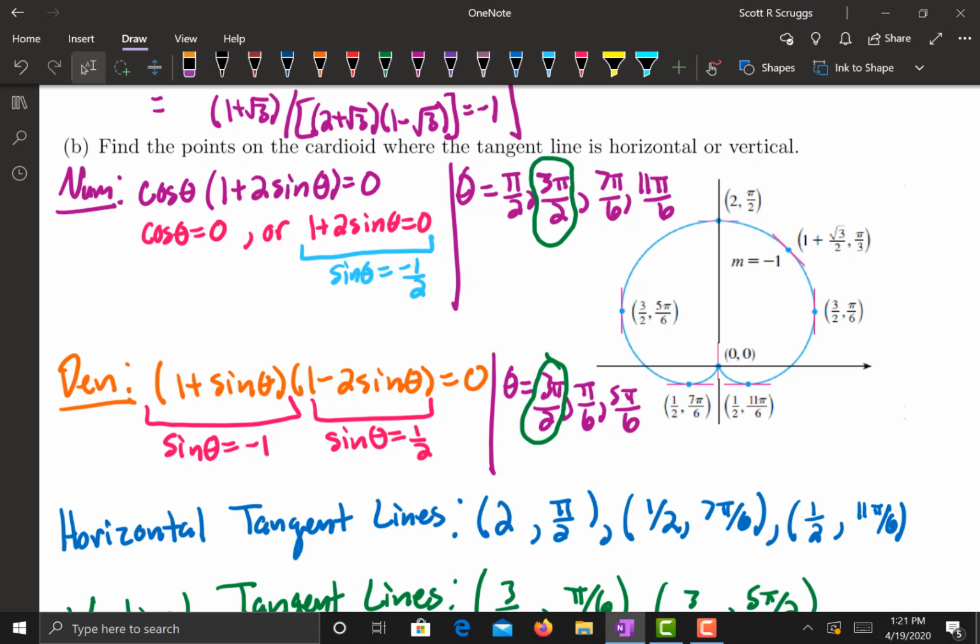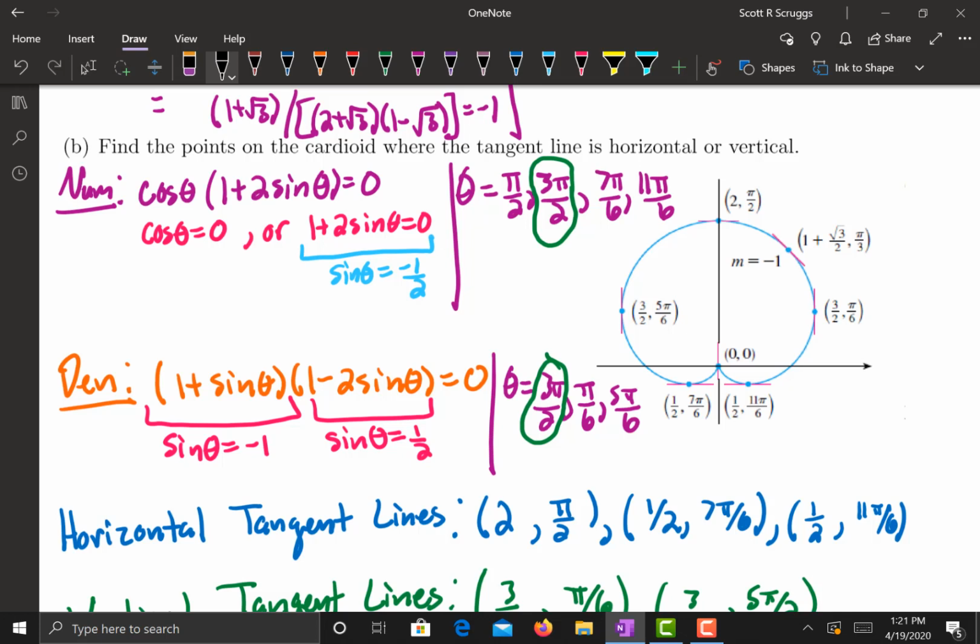So, from our work, the first thing I want to ask myself is, what in the numerator was 0 when I plug in 3 pi over 2? For the numerator, that was cosine of theta. In the denominator, I asked myself the same question. What value makes the denominator equal to 0 when I plug in 3 pi over 2?